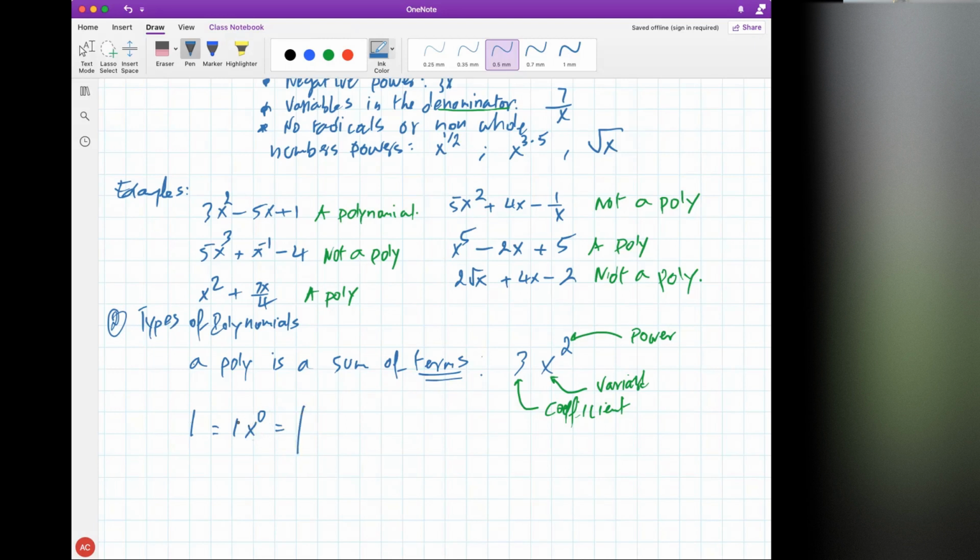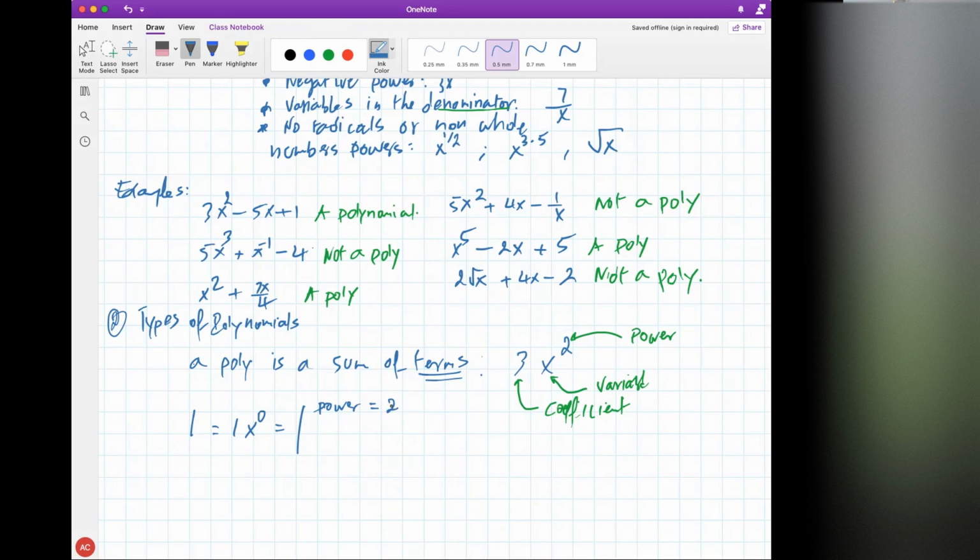So now we can say that the power is 0 for constant terms. All constant terms have power 0, not the power of the number itself. We're talking about the power of the variable. If it has a variable, the power should be there. If it doesn't have a variable, think of it as some variable to the power 0.